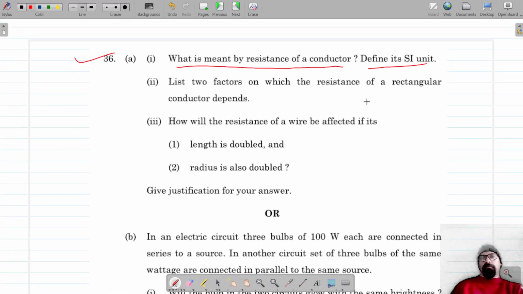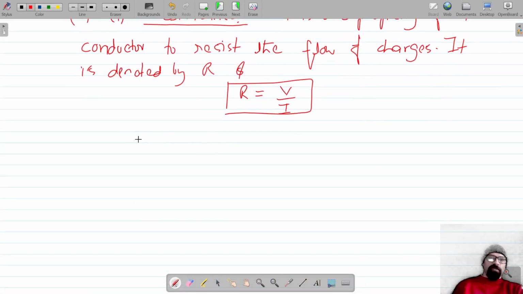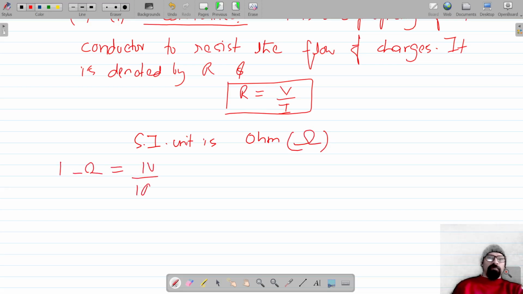And we have to define its SI unit. Its SI unit is ohm, which has the symbol like this. And we have to define 1 ohm. So 1 ohm is 1 volt by 1 ampere.